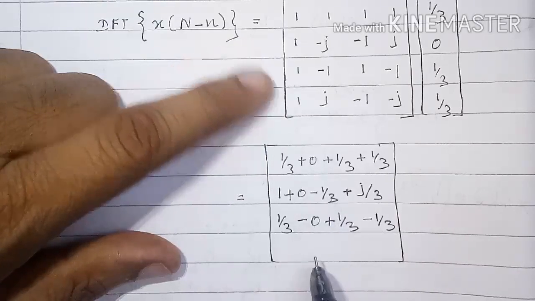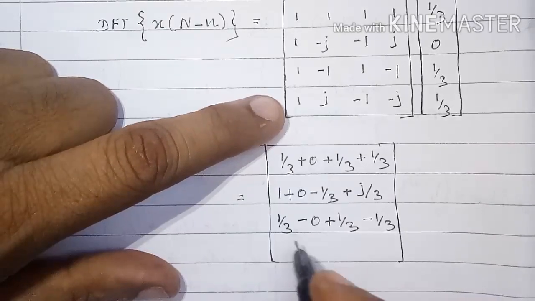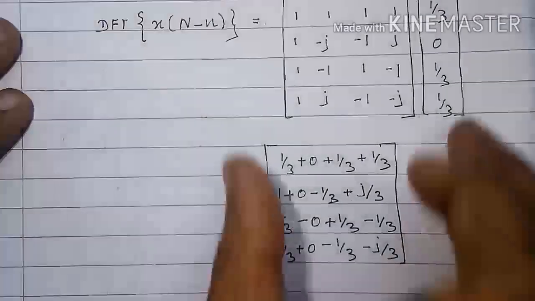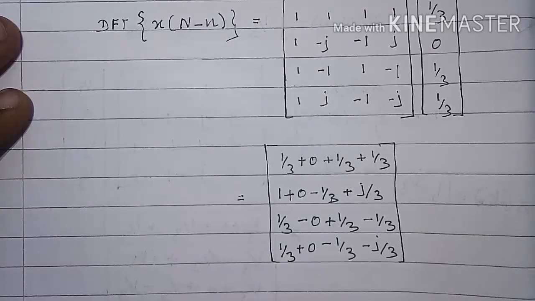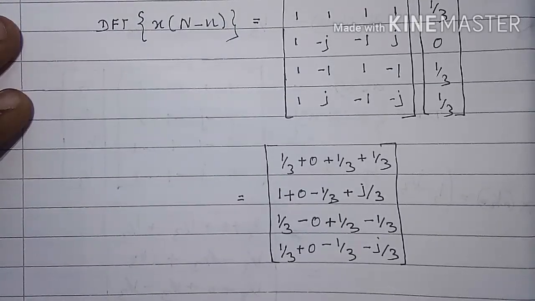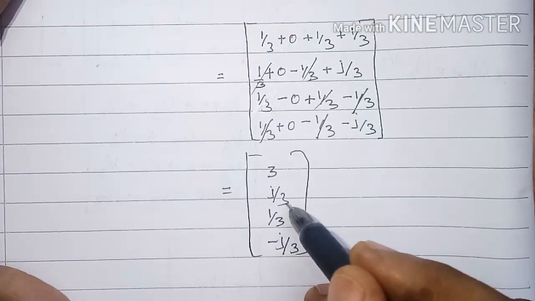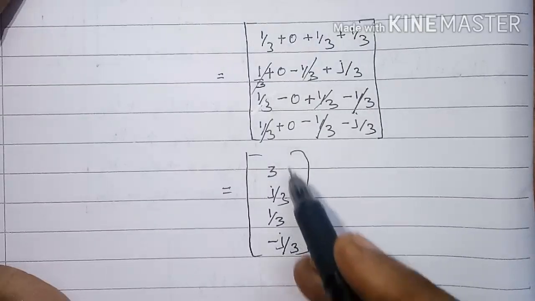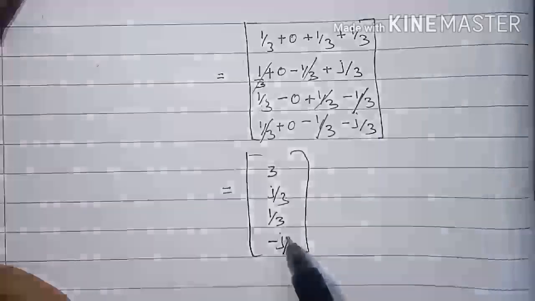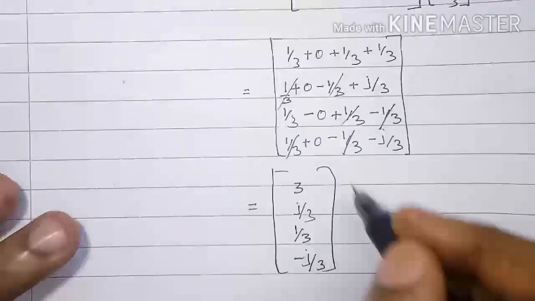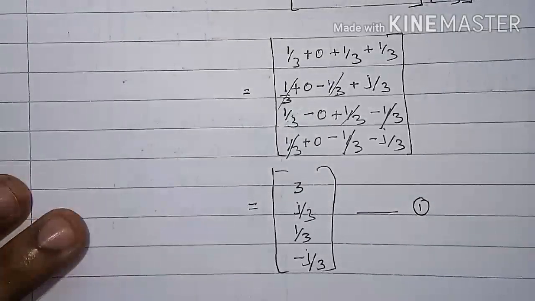Similarly, multiplying, we get the remaining DFT coefficients here. So we are having DFT coefficients here now. Adding, we get 3, j by 3, 1 by 3, and then minus j by 3. Now let us call this equation 1.